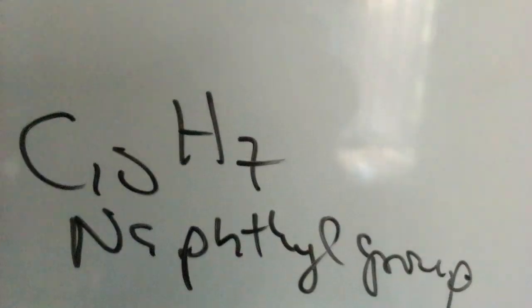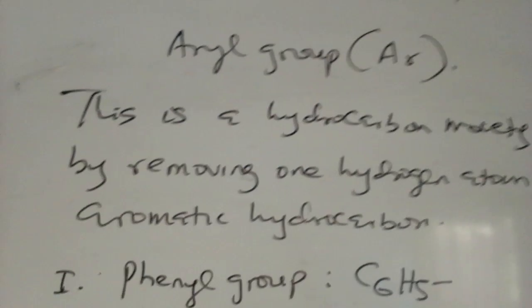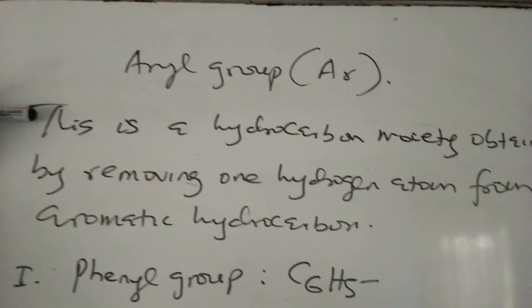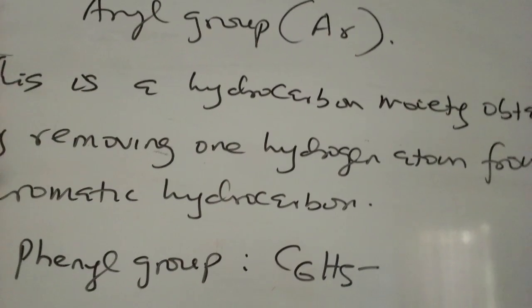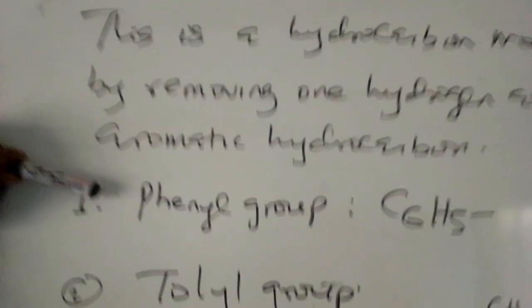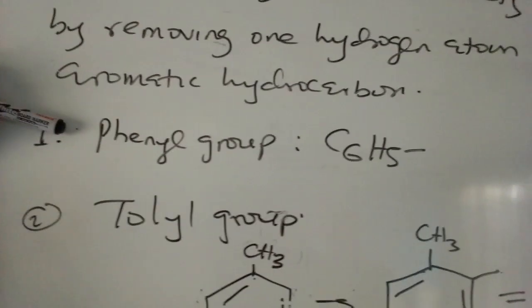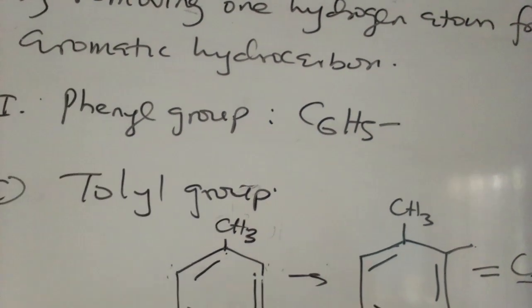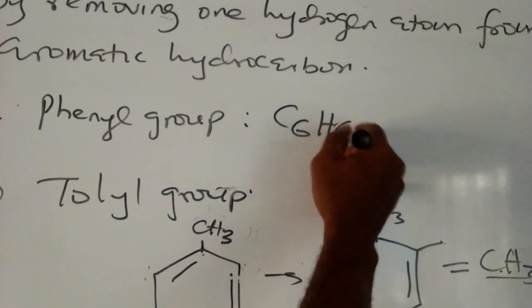So let's go through our work once more. We have the aryl group, meaning the aromatic group: a hydrocarbon moiety obtained by removing one hydrogen atom from an aromatic compound. The foremost is the phenyl group, obtained by removing one hydrogen atom from benzene. We know that benzene is C6H6.